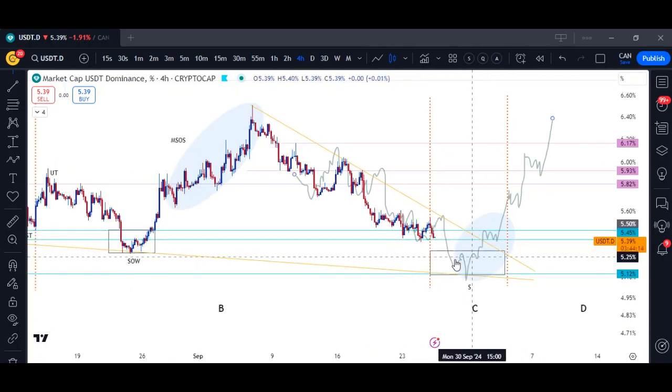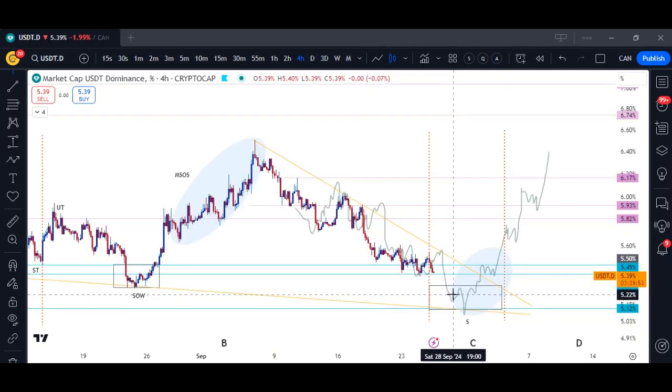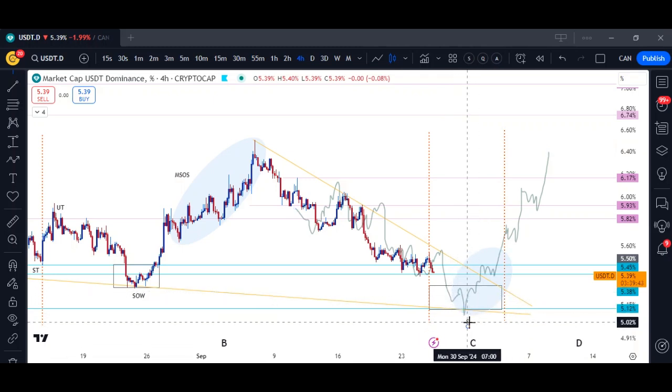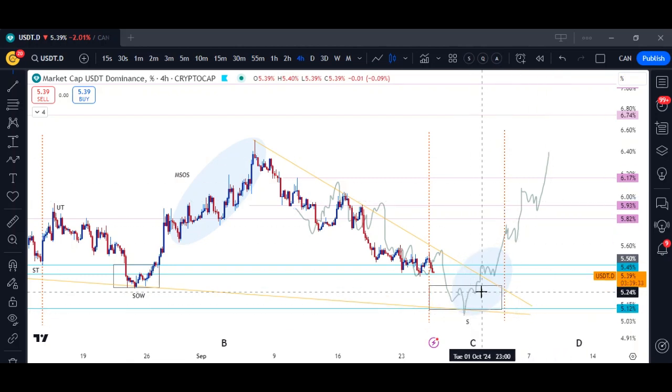So this would actually cause some green days in the market, as we explained in our Bitcoin analysis, and we could extend our long positions a little bit, but we have to be careful because once we get here, this would be a very, very dangerous zone, because with a spring below this level, bears could find momentum again and push this index all the way up. This could cause a lot of blood in the market.